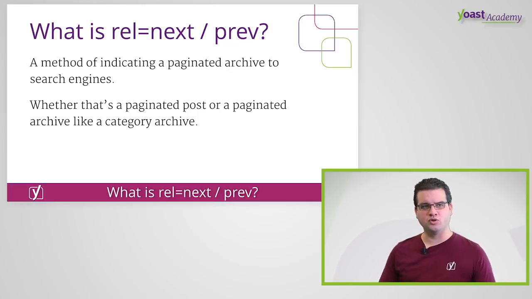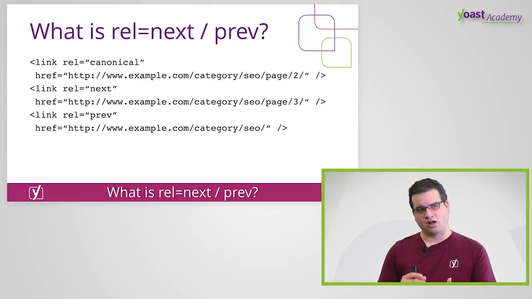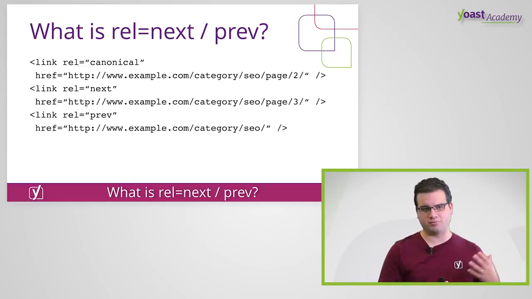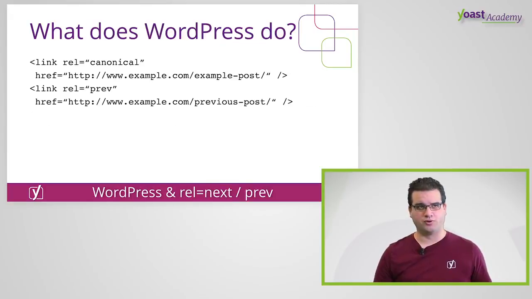If you're on page 2, then it would indicate, with a link rel equals next tag in the heading of your site, which nobody would ever see other than people looking at the source of your site and search engines, that the next page is page 3 and the previous page is page 1 of this archive. We do this by default.